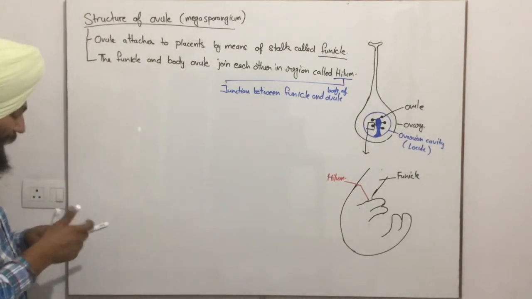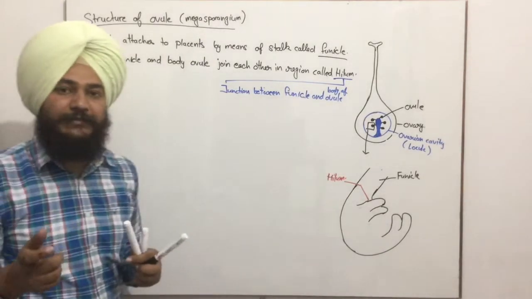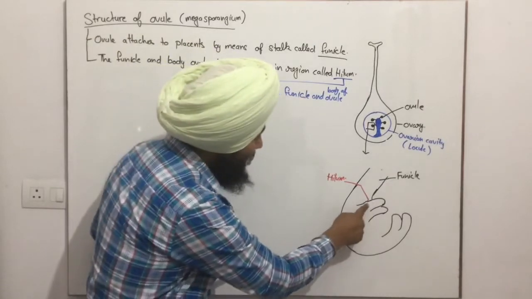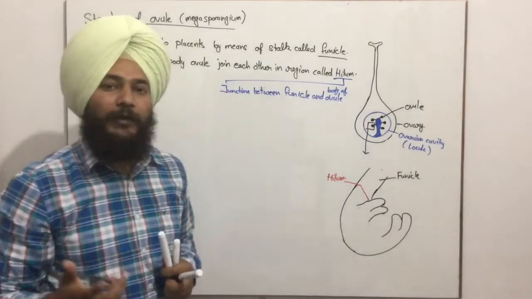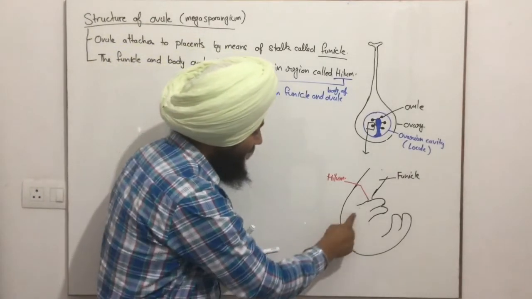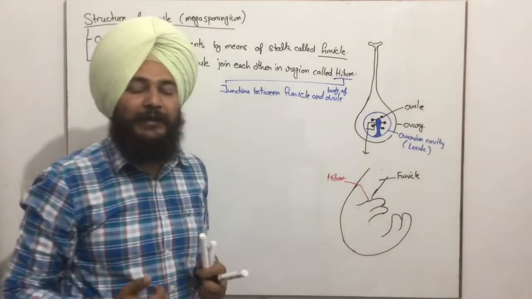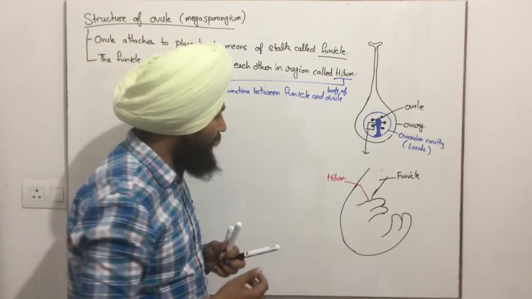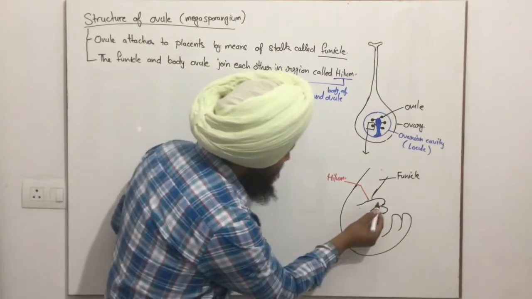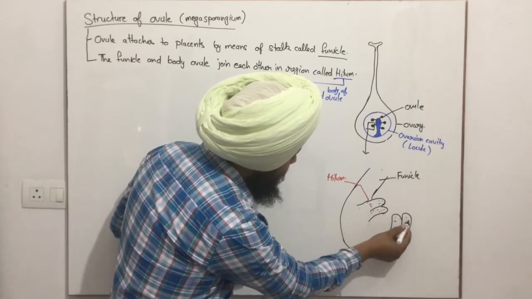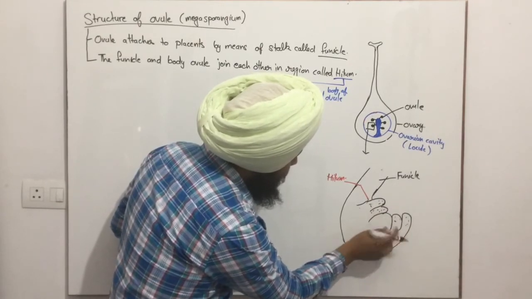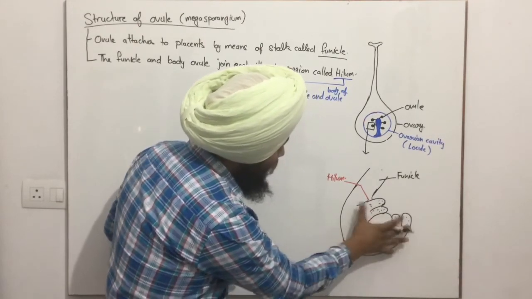And now next we have the integuments, okay. There are one or more protective coverings that cover the ovule, and these protective coverings are called the integuments. So these coverings here are the integuments, and this is the body of the ovule.